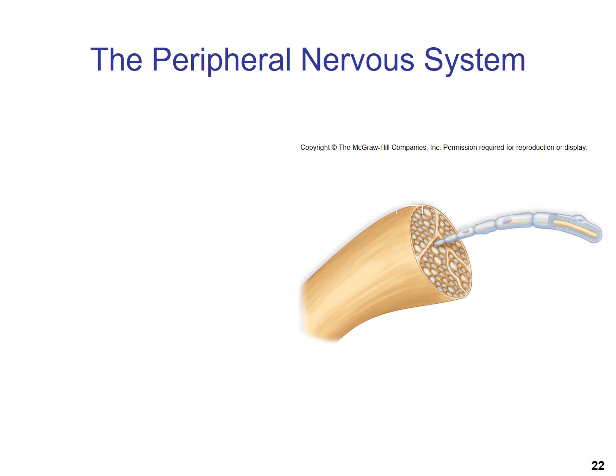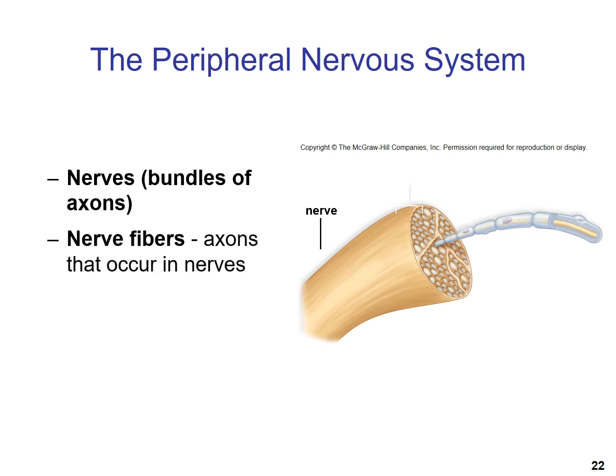Okay, so let's talk about the peripheral nervous system. There are some things that I want to mention here. First of all, nerves are bundles of axons, and you're looking basically at an entire nerve here. Second thing is that nerve fibers are individual axons, and that's what you see projecting out on the right. It is an individual axon. So this is a nerve fiber, and so there's a single nerve fiber, and there's a bundle of nerve fibers right there.